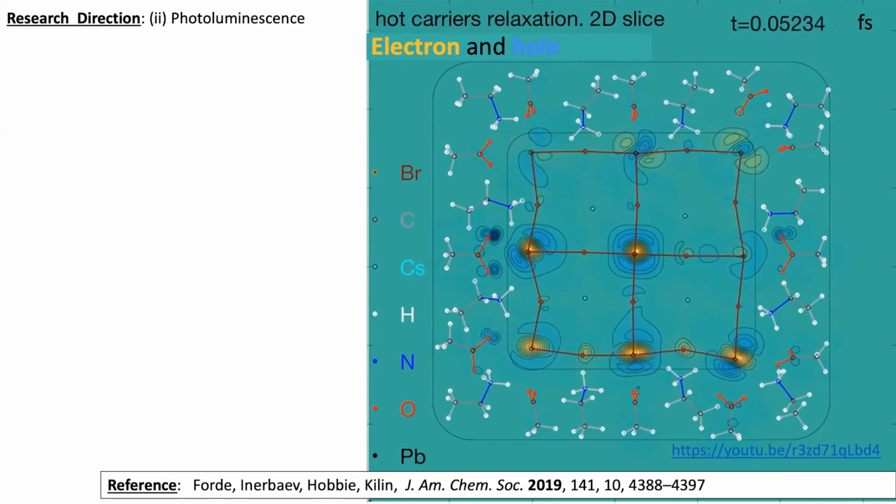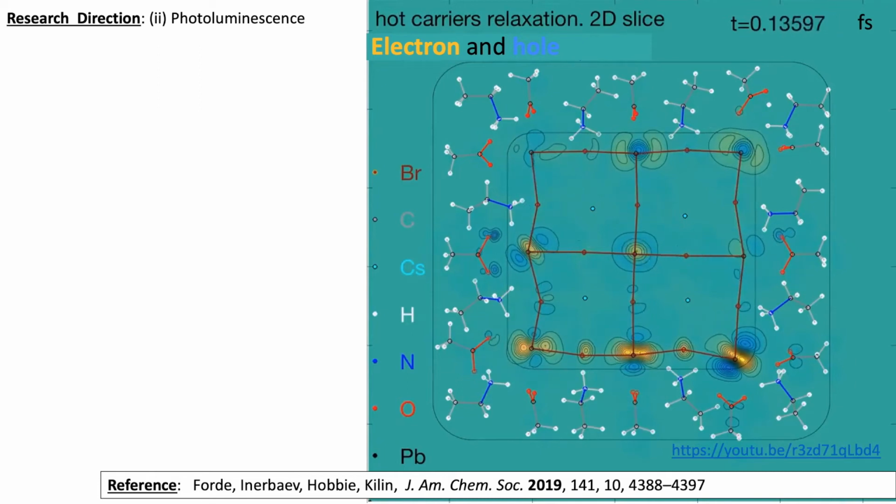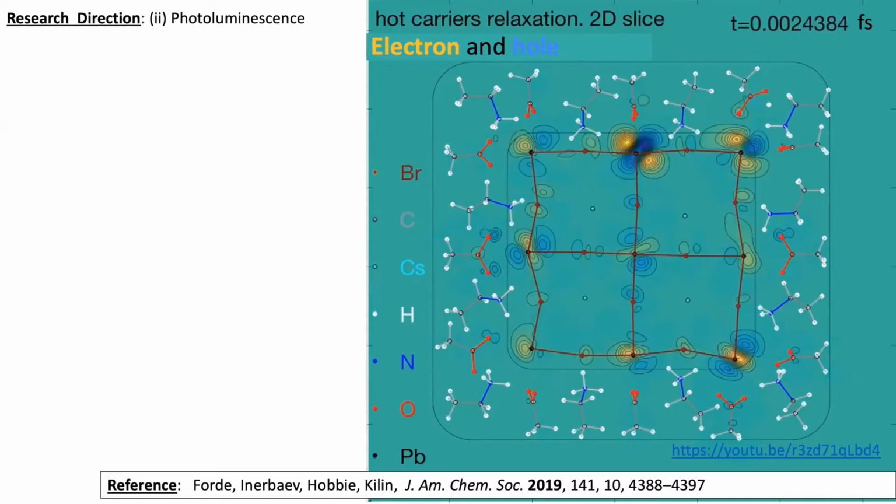And the image is not so spectacular, but as time goes by, energy is changing, and system is exploring different states with different probability to emit light. So finally, it gives the time resolved and time integrated spectra.